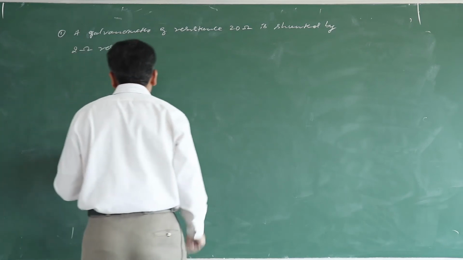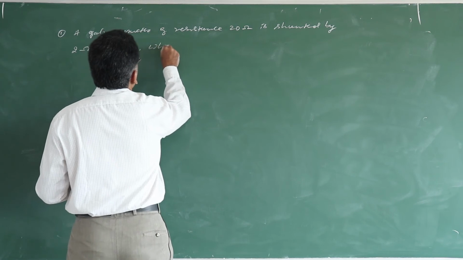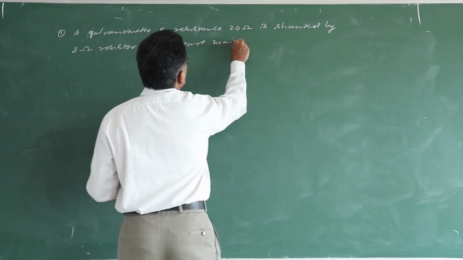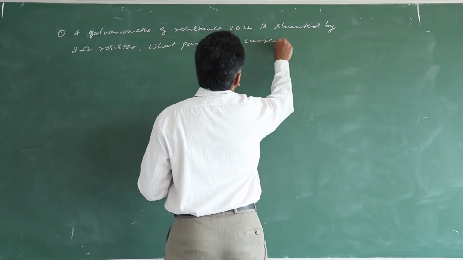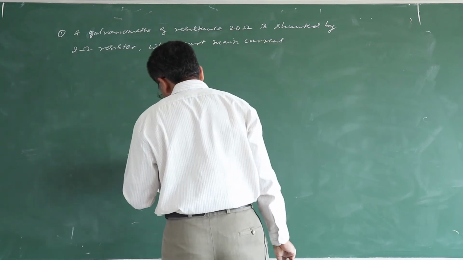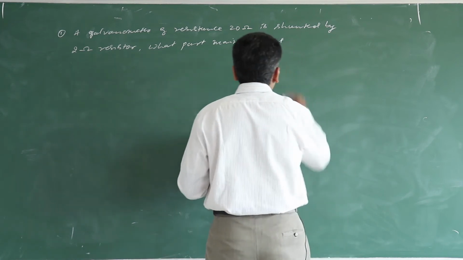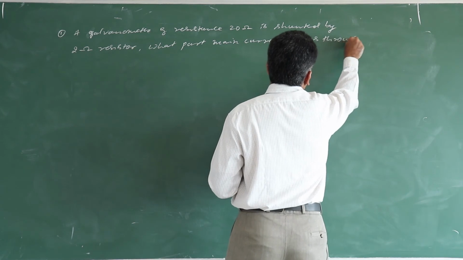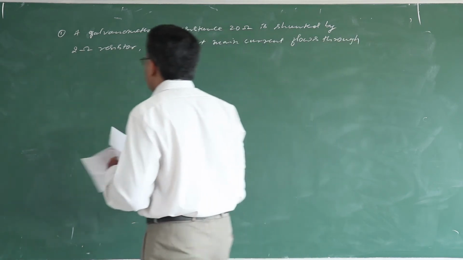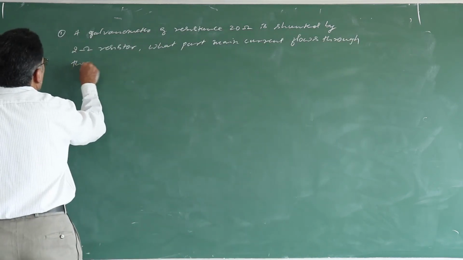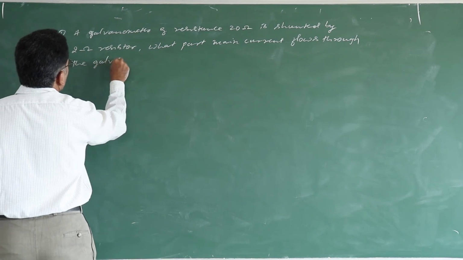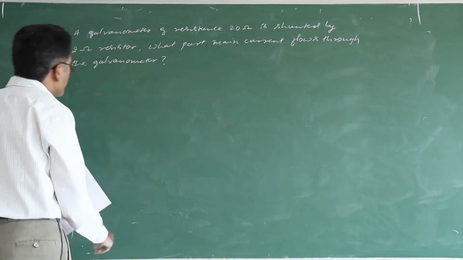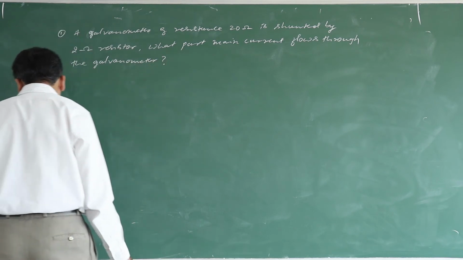What part of the main current goes through the galvanometer?